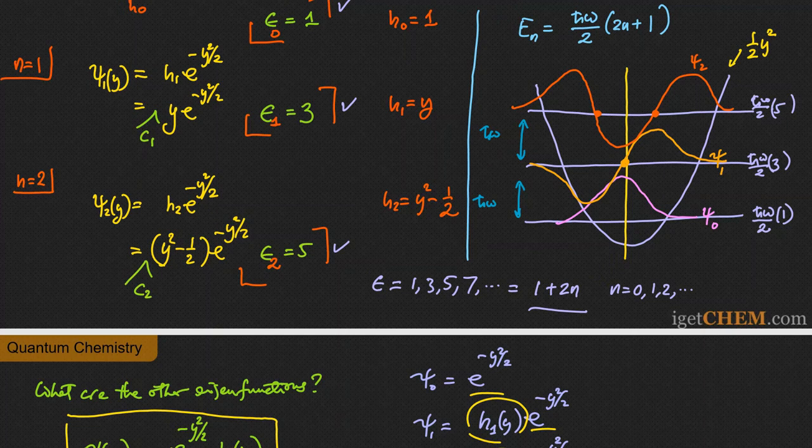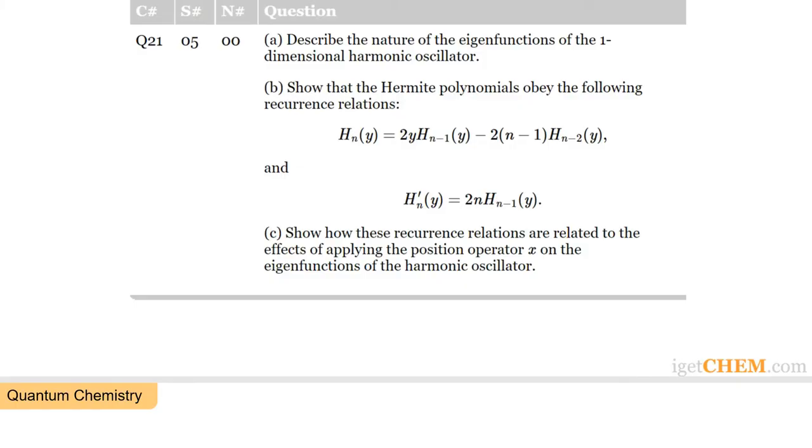So you notice I've spent a lot of time going over these solutions because I think it's important to really understand what they are and where these eigenfunctions and eigenenergies come from, and because they do have an implication on quantum chemistry, and you will see this a little bit more when you go to the applications of quantum chemistry, such as in spectroscopy. So now we are going to go and finish the other two parts of the problem.